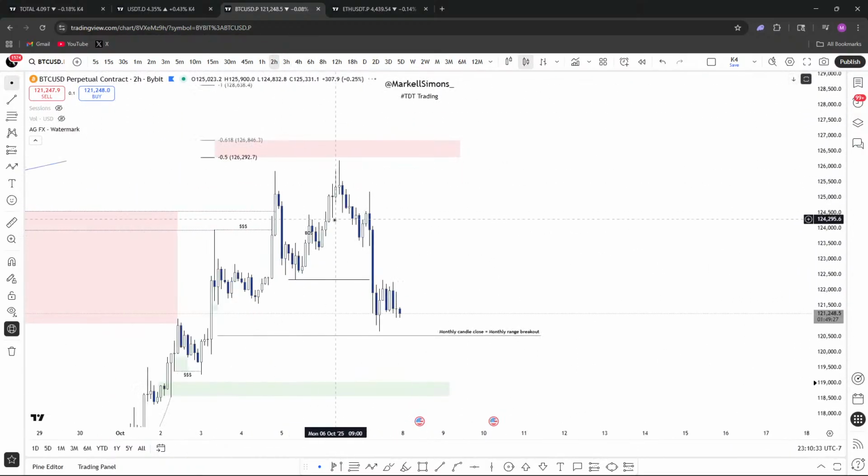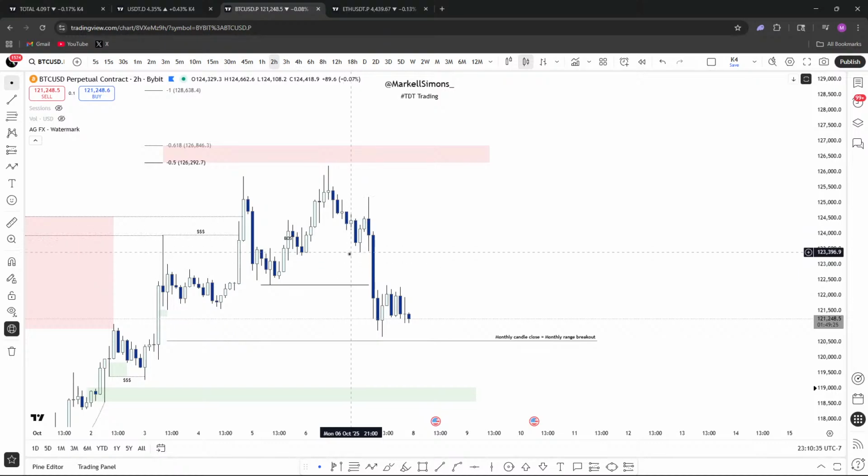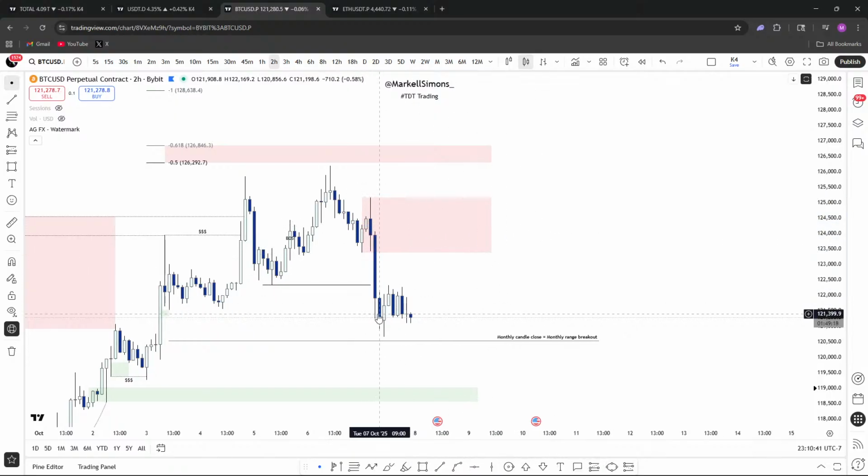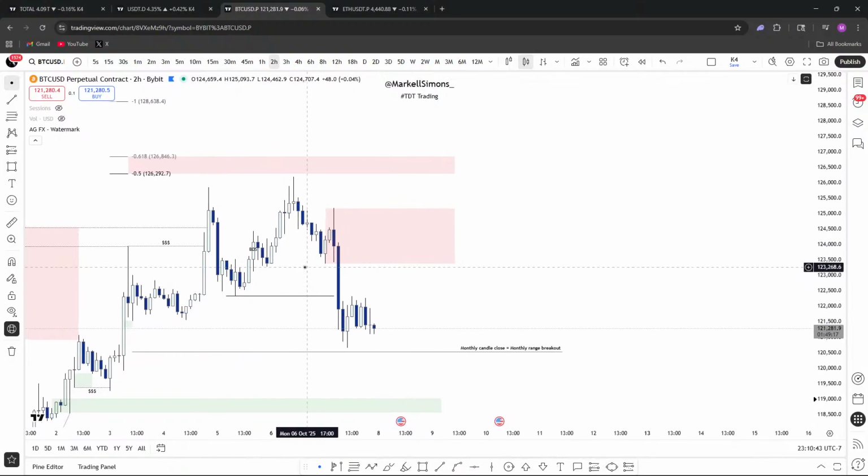Let's see what we have on the lower time frame. We have these last two bullish candles before the aggressive expansion towards the downside. Nice supply POI to mark out.